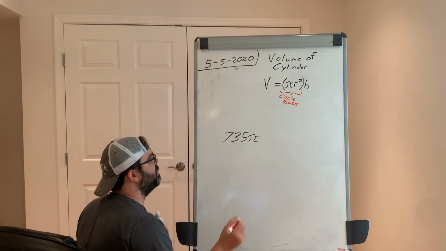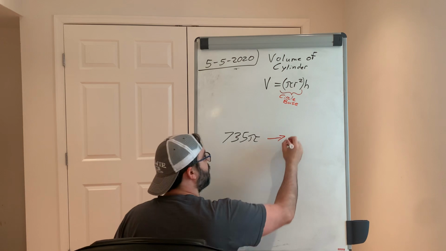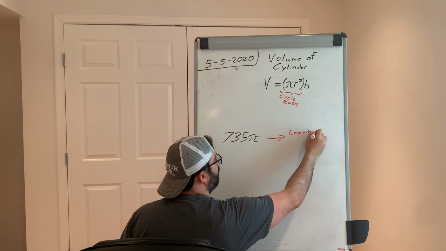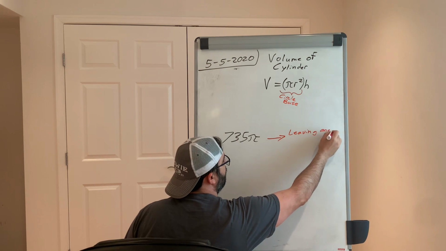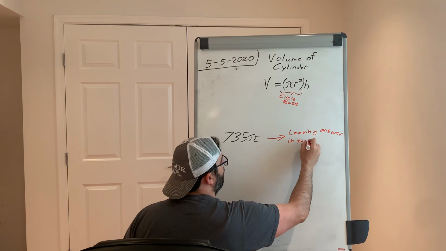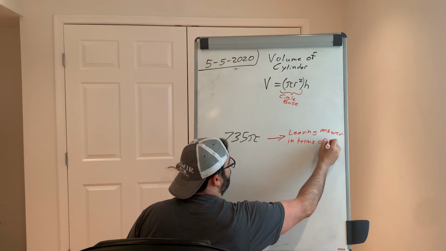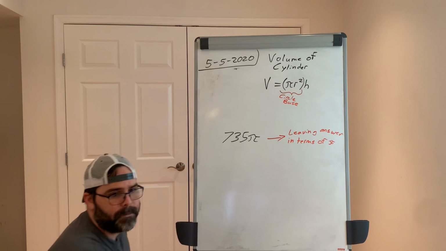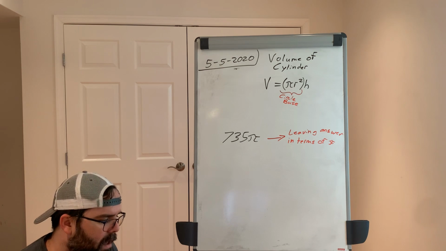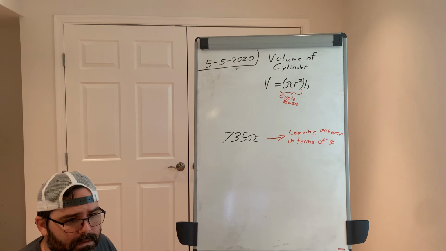So this is if the question asks you to leave it in terms of pi. That means leave pi as a symbol. So if a question ever tells you to give your answer in terms of pi, that means leave pi as a symbol.